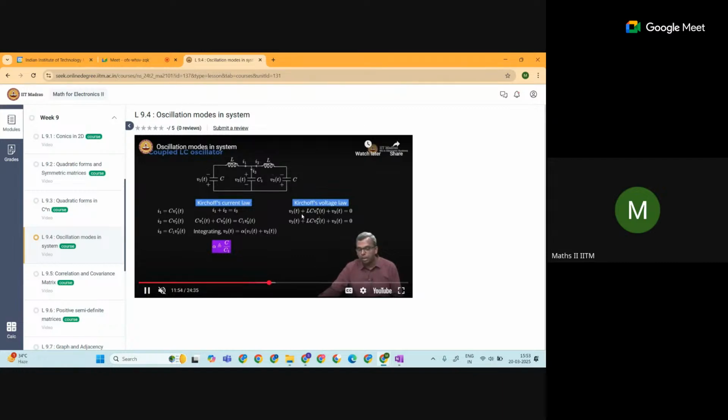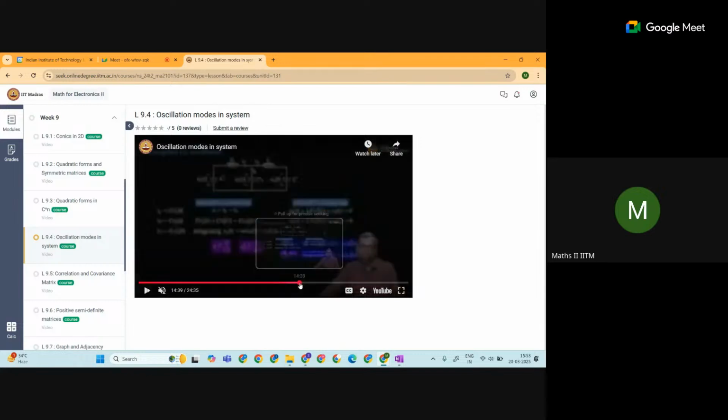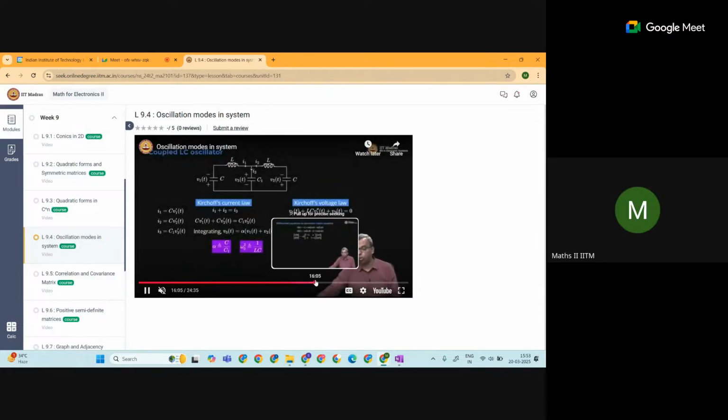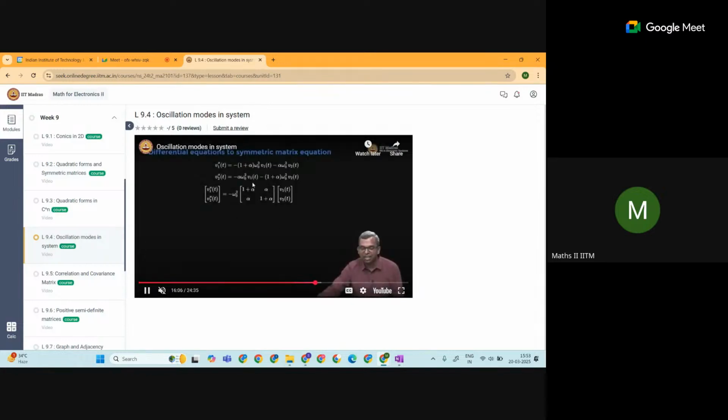You can see it here: the law already gives the differential equation, and now we can convert these equations into matrix format. We have two equations, so we convert a differential equation to a symmetric matrix equation.